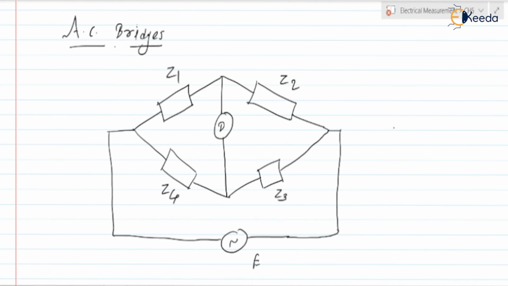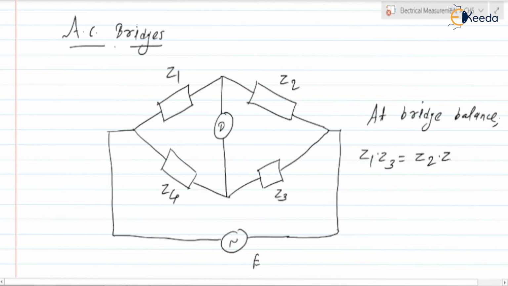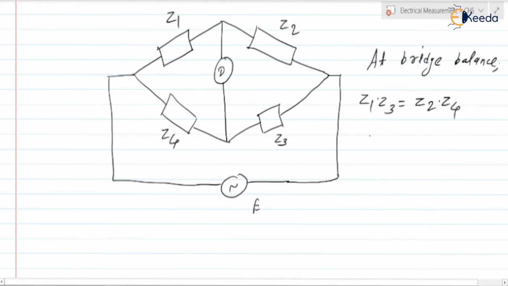In the same way, at bridge balance, Z1 into Z3, the opposite branch impedances, is equal to Z2 into Z4. Now if you check, this is the impedance. Impedance can be represented either in polar form or in rectangular form.